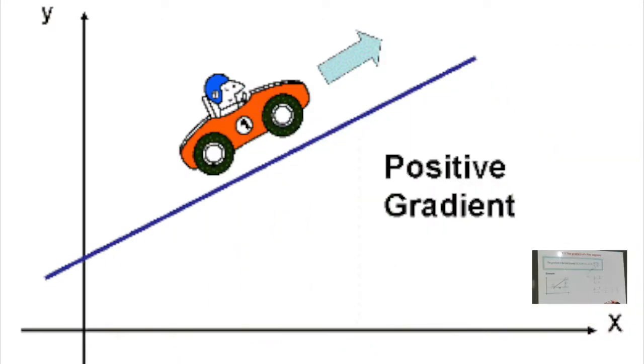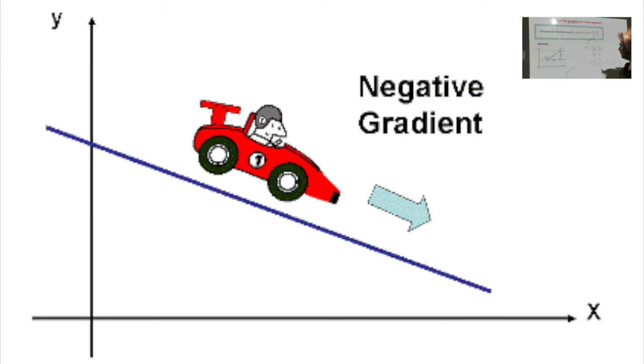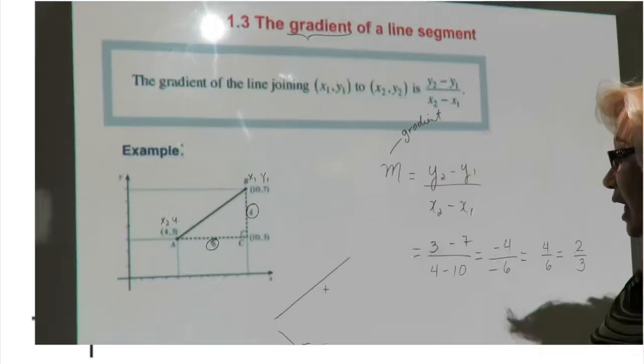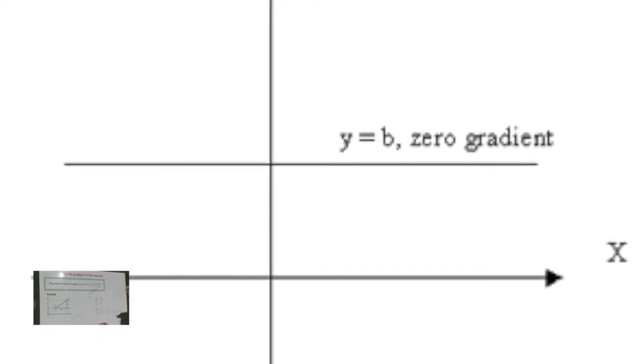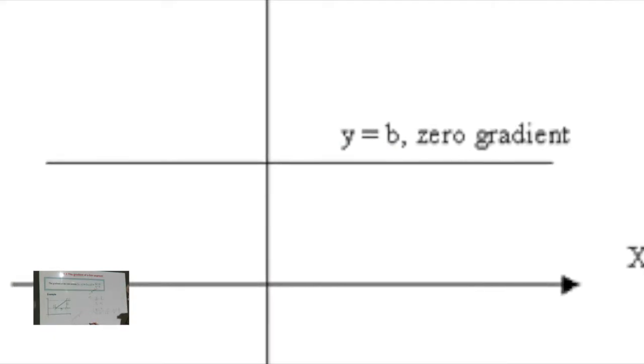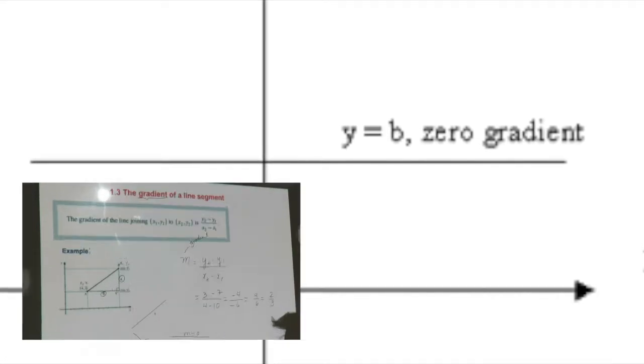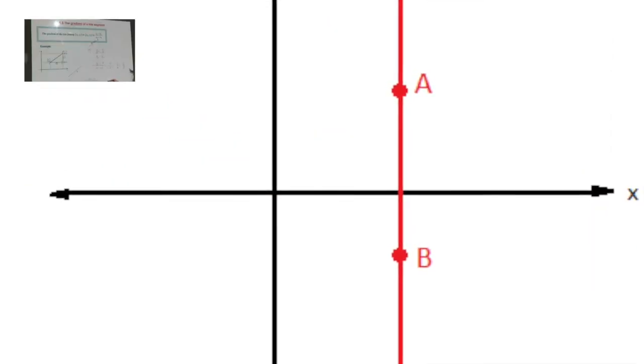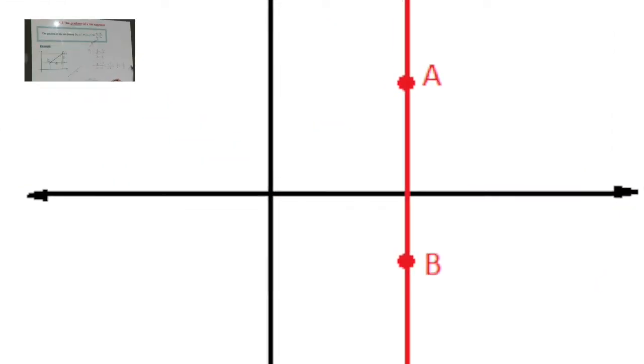I'm going to open a parenthesis here just to let you know that every time we have a line like this, the gradient of the slope will always be positive. If we have the line coming like that, we will have a negative gradient. If we have a horizontal line, the slope will be 0, and if it's completely vertical, there's no slope, or undefined.